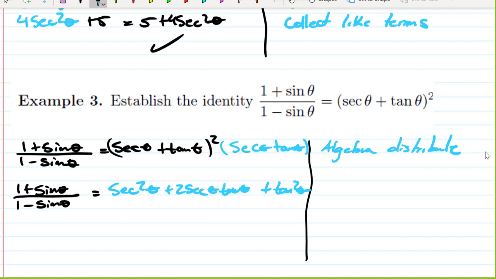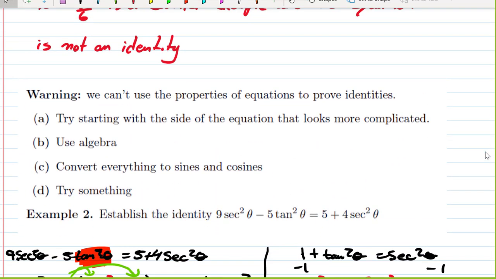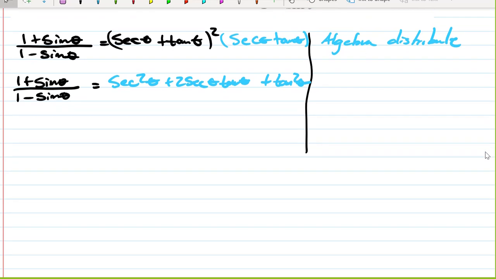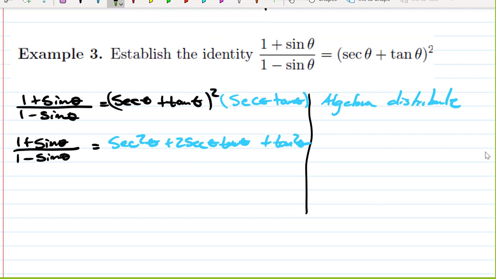So now we need to continue. We have sines only on the left side, and on the right side we have secants and tangents. One of our hints was to convert everything to sines and cosines, so let's try that here and rewrite as sines and cosines.